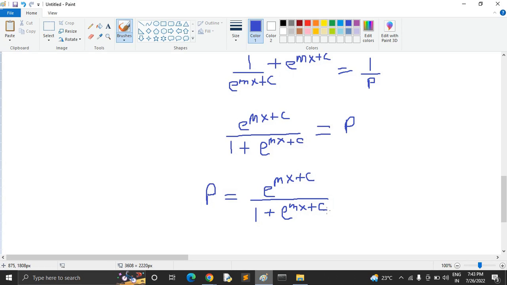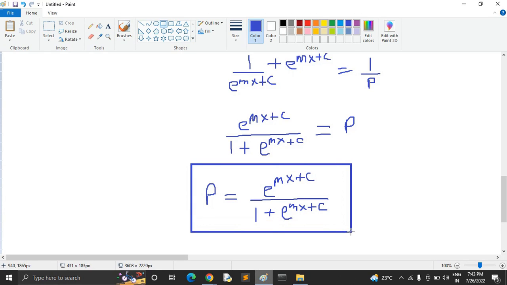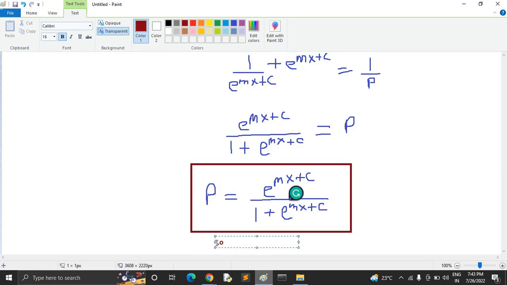Now this equation here is known as Logit function.